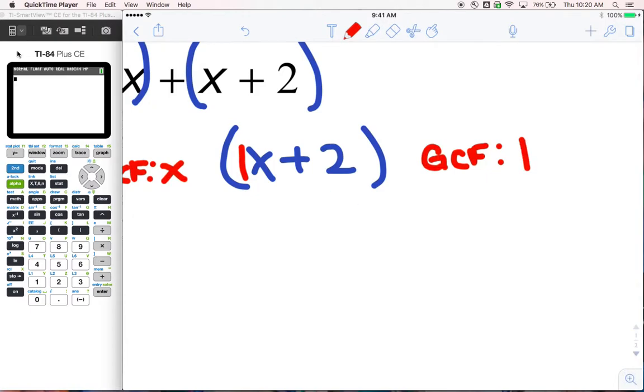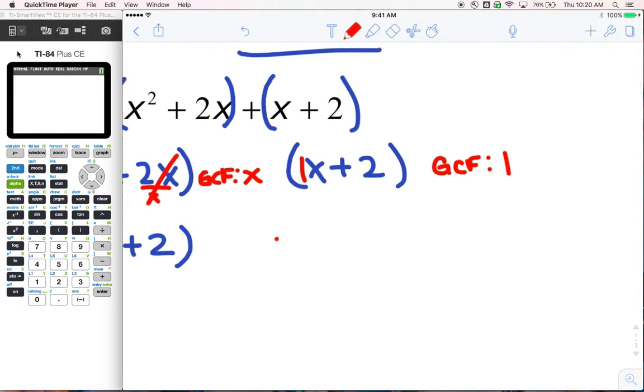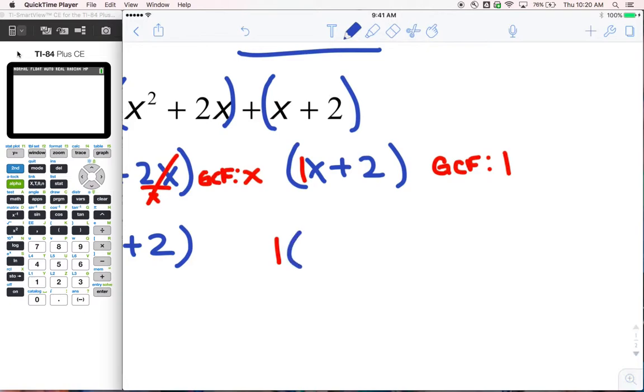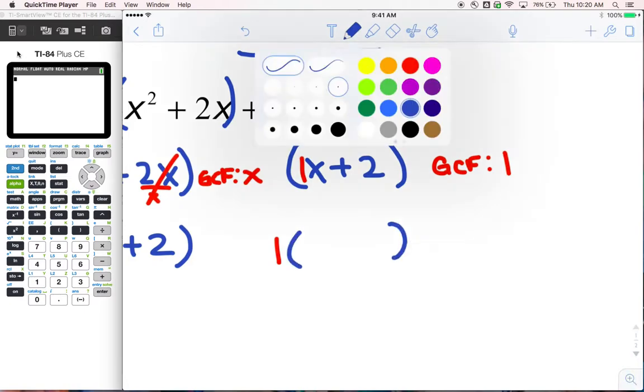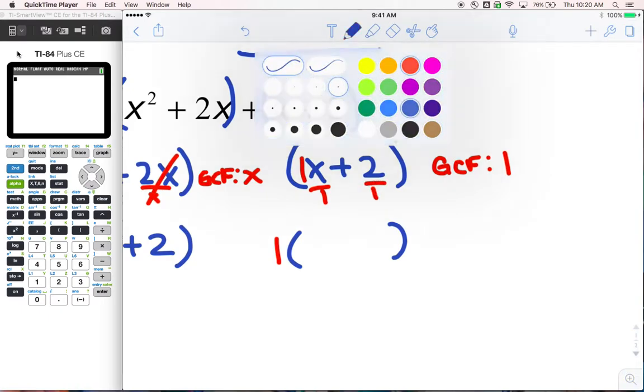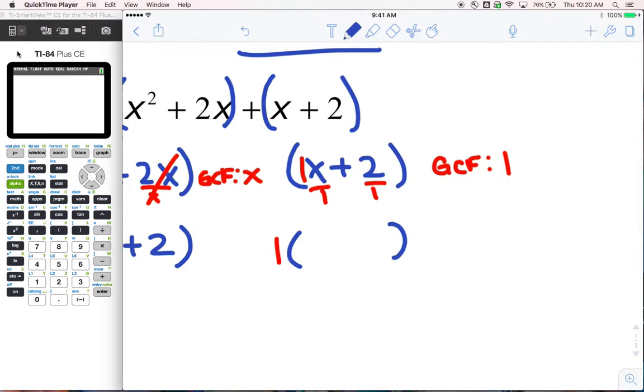So just 1 is my GCF. So 1 is going to go outside, and I'm going to have my parentheses still. And then we're going to divide everything by 1, which doesn't change anything, but we can still write it out. So x divided by 1 is still just x. 2 divided by 1 is still just a positive 2.